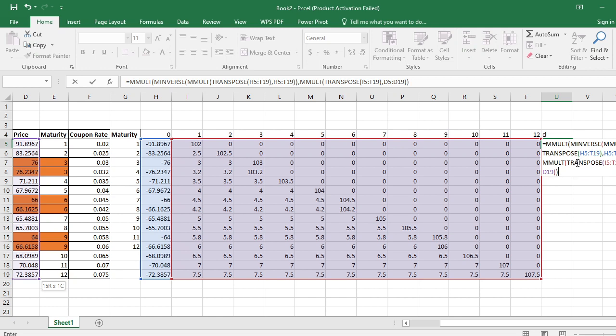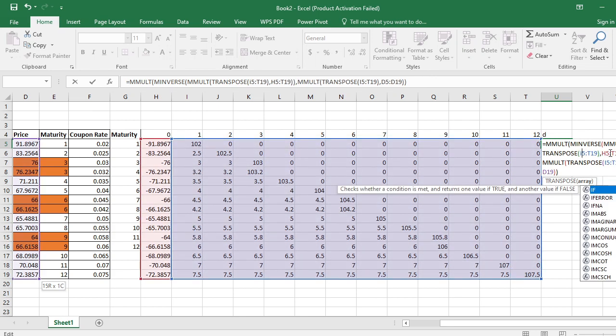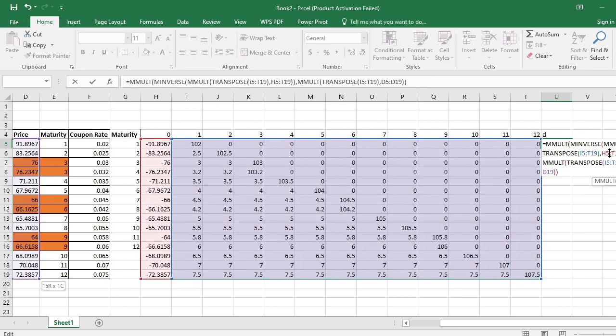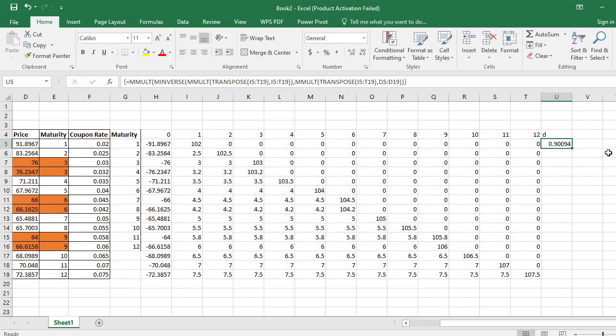The mistake I am making is this is I5 dash 9, and it should be H. Okay. Now that looks fine to me. Control Shift Enter. It works.